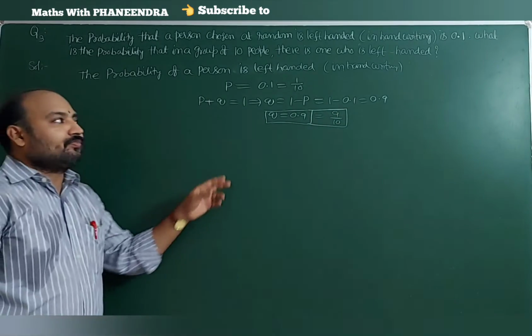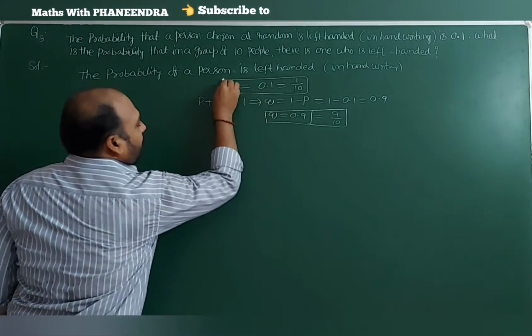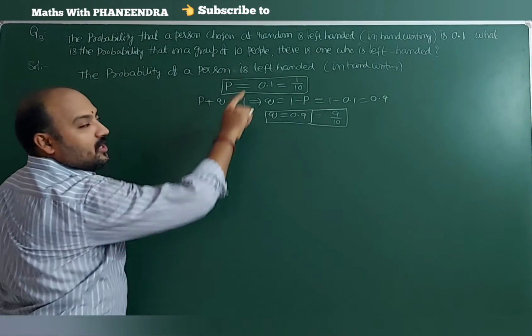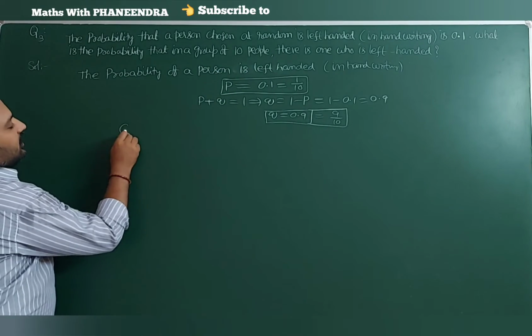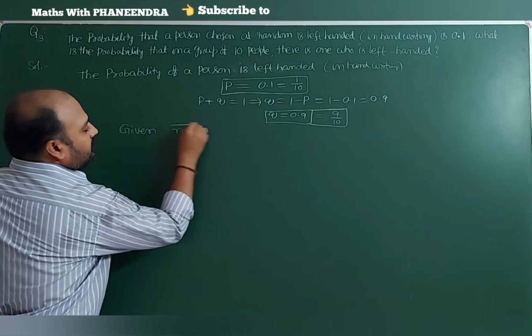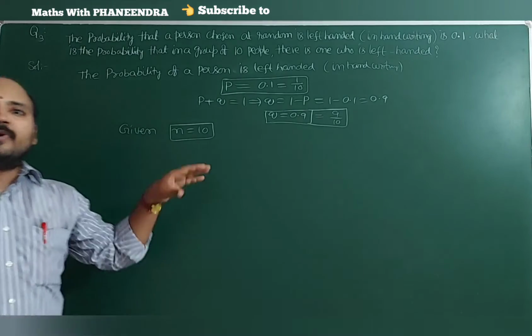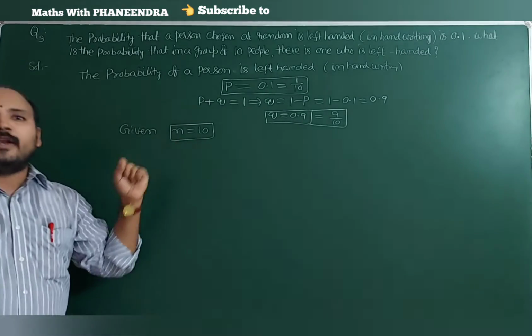So p value we got and q value also we got. Given the group of 10 people, n is equal to 10. Number of persons in a group is n equal to 10.